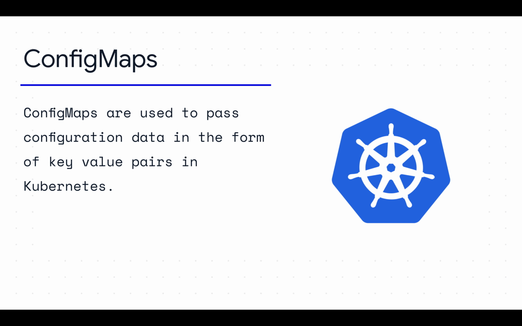So you don't want to go into every deployment YAML file and set MongoDB host equals this, username equals this. You can pack up all this configuration in key value pairs into the config map, and every deployment can inherit from that config map.